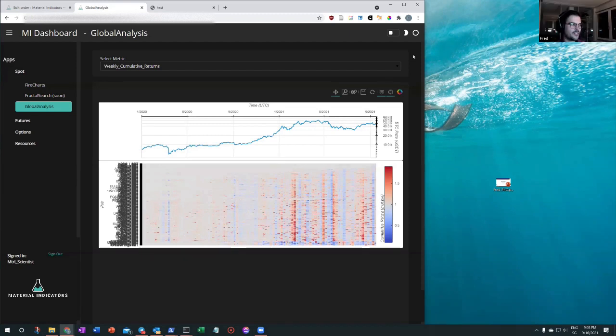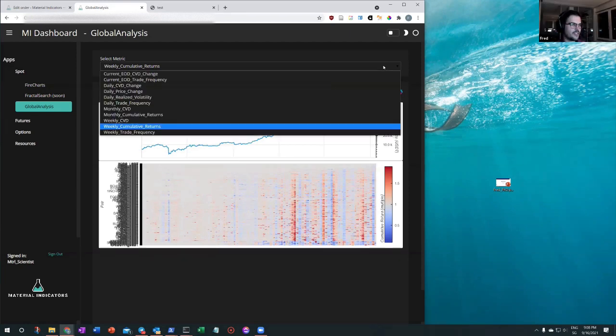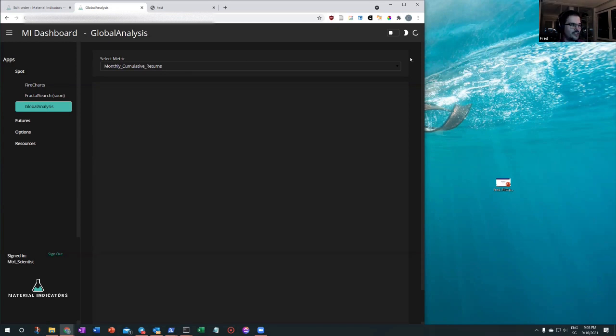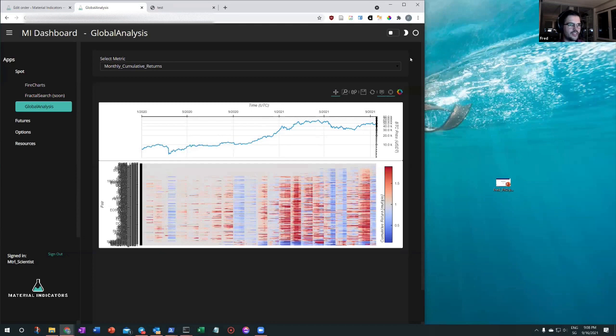We can also look at the returns. The monthly returns are probably easier to see. Now the monthly returns are negative. Everything blue means that the price went down, everything red means price went up, and that's return multiples.